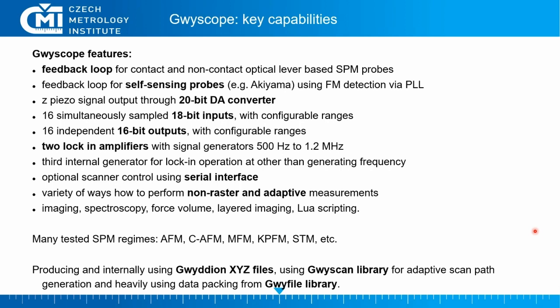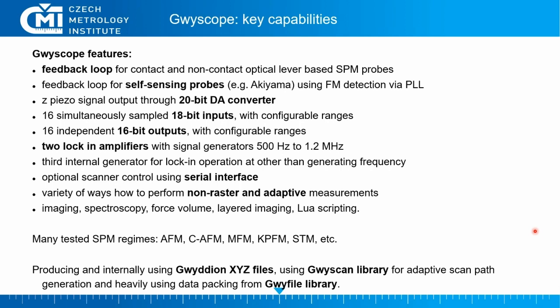It has 16 simultaneously sampled 18-bit inputs and 16-bit outputs. It has 2 lock-in amplifiers, plenty of other stuff like serial interface, and it also has a variety of ways to perform non-raster, adaptive and smart measurements using different technologies.